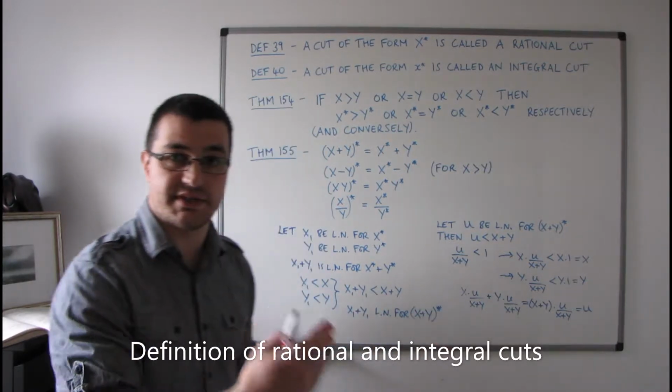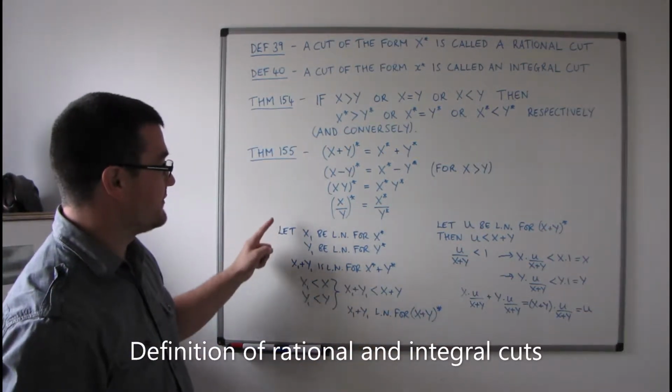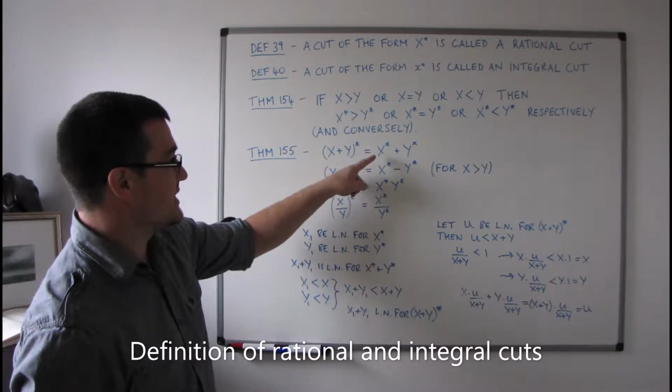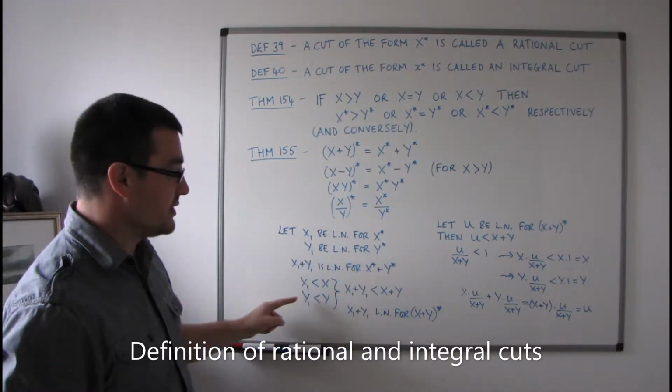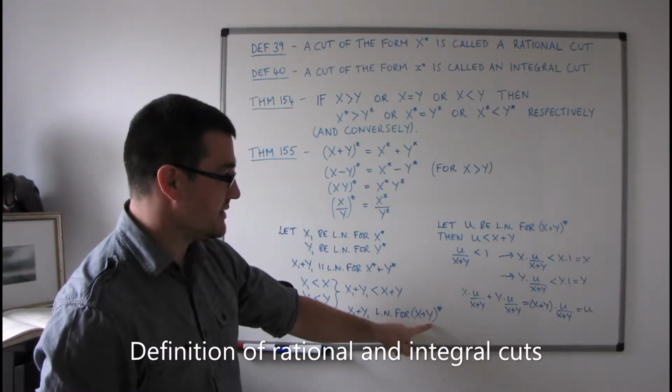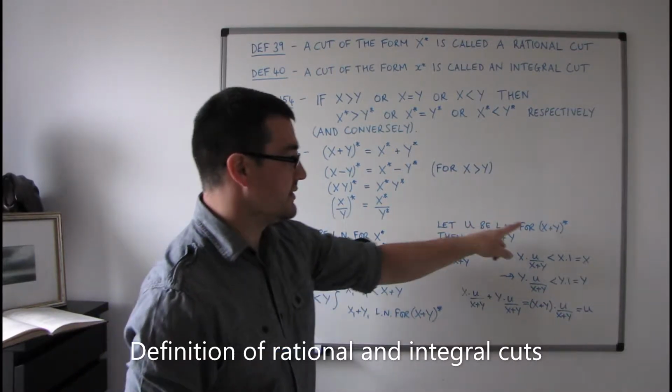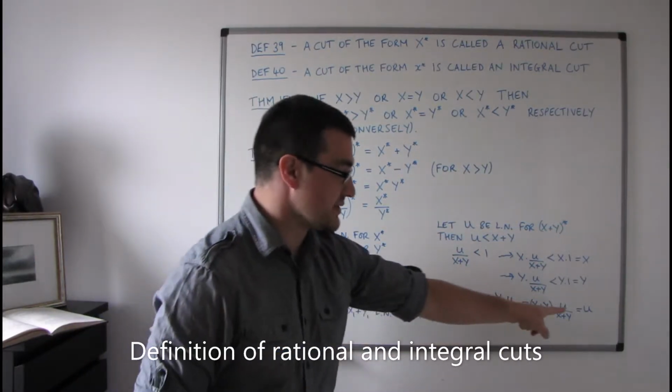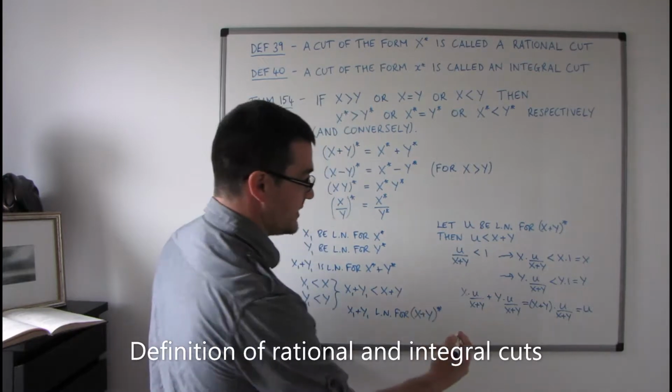So we've shown this now in both directions. Every lower number for x star plus y star is a lower number for x plus y star, and every lower number for x plus y star is also a lower number for x star plus y star.